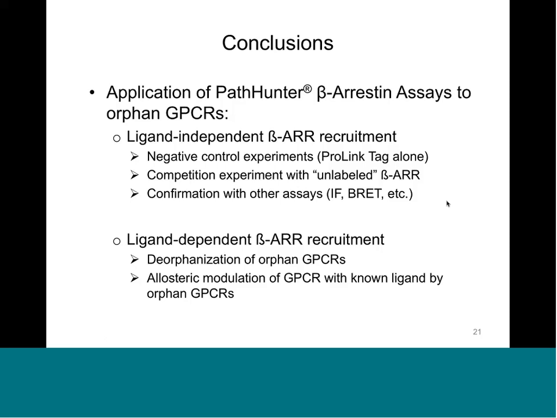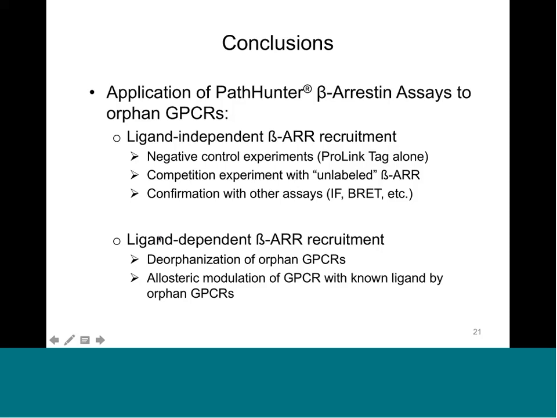The ligand-independent assay is quite tricky because you always have to distinguish between the intrinsic background of the assay versus the constitutive recruitment, which is receptor dependent. So we propose some control experiments that might be helpful to distinguish this, such as a negative control like the ProLink tag alone, the competition assay, or also, I think very important, completely independent assays like immunofluorescence, BRET, and other assays.